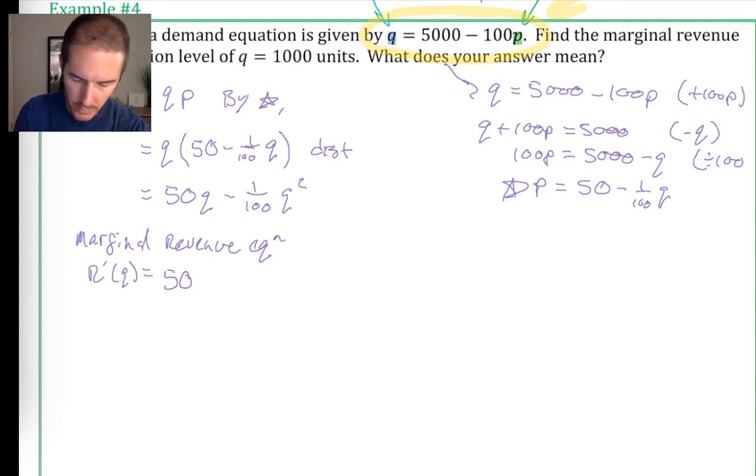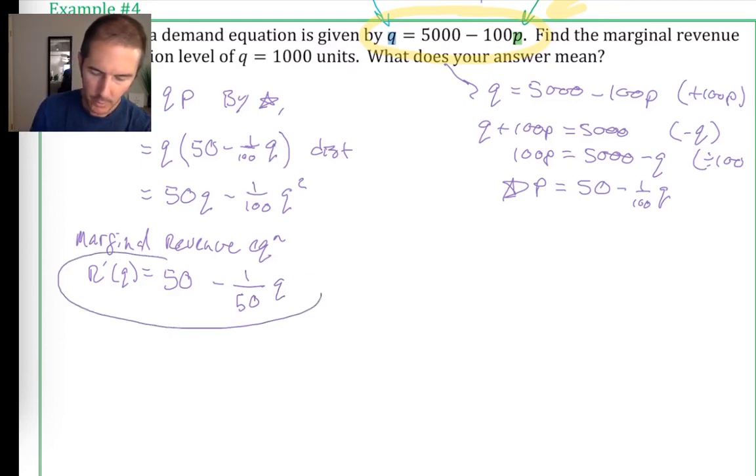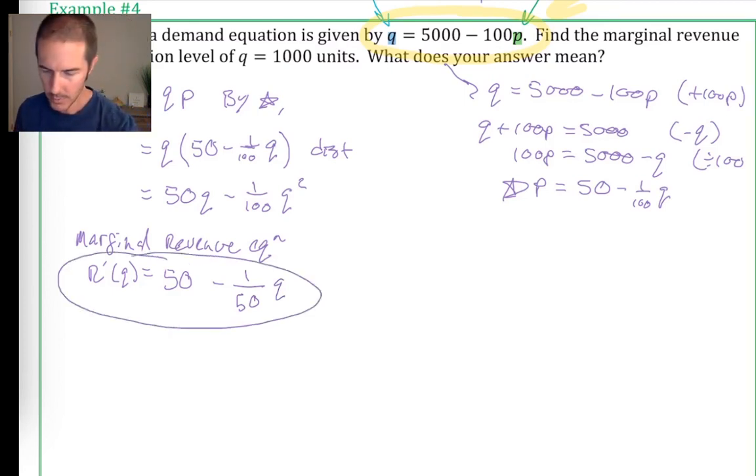You can if you need to. Minus 2 over 100 times Q to the first power. You can write that if you need to. I'm going to write it as immediately 1/50th times Q.